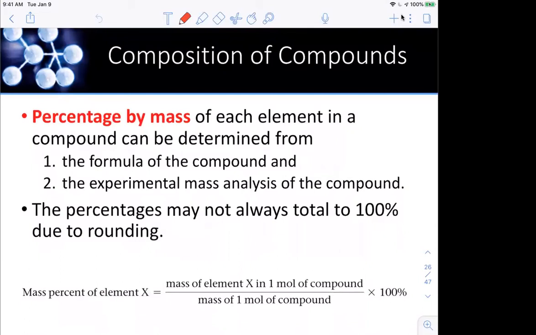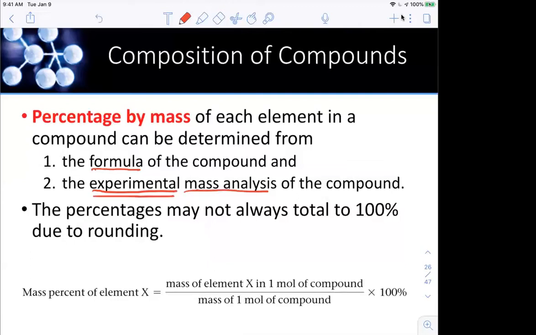There are a couple of ways actually to do this. First of all, I can use the formula, and a second way is experimentally determined mass analysis of the compound. Now, recognize that percentages may not always total 100 because of rounding.